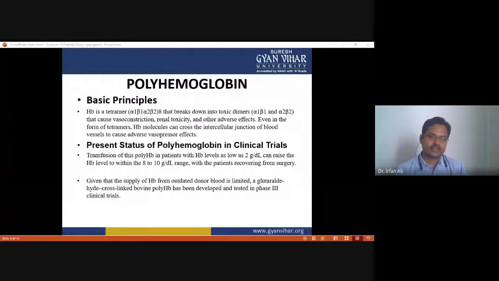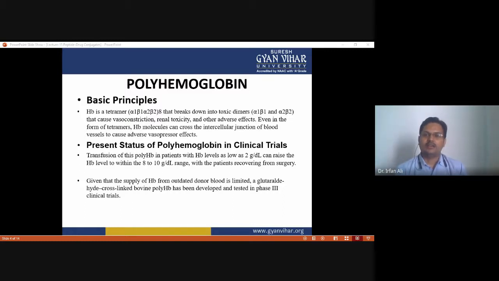The present status of polyhemoglobin in clinical trials: it has undergone phase three clinical trials, and these have been completed on over 171 patients. This showed that the product can successfully replace extensive blood loss in patients undergoing trauma surgery and other surgery by maintaining the total hemoglobin level at 8 to 10 gram per dl.